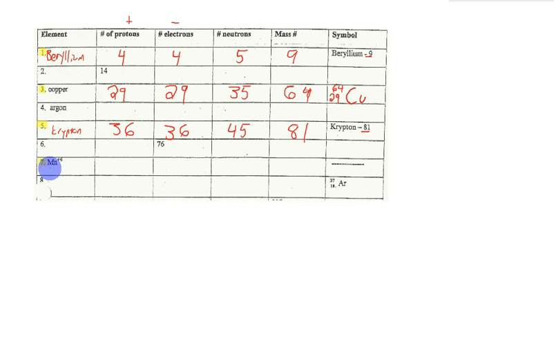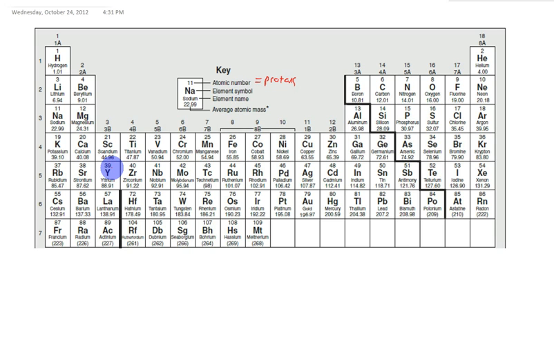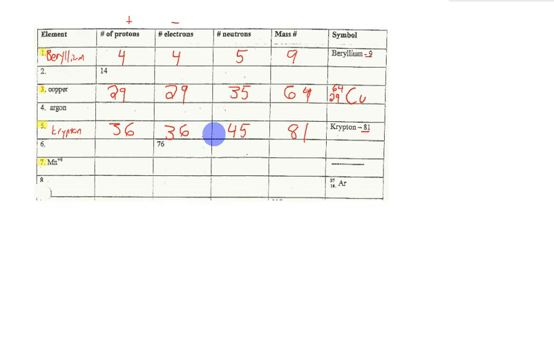For this one right here, we have Mn. That's going to be manganese, so we need to find manganese on the periodic table. Manganese has 25 protons. Now, this time, there is a charge here. This charge tells us that there's a difference in the number of electrons that this atom has.